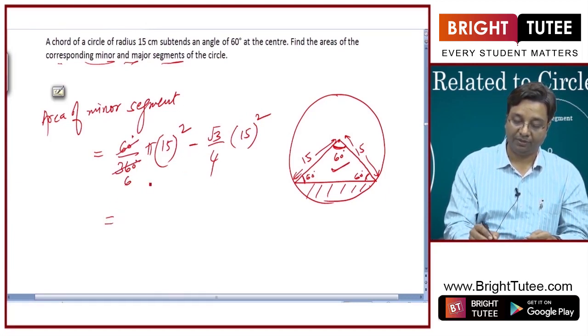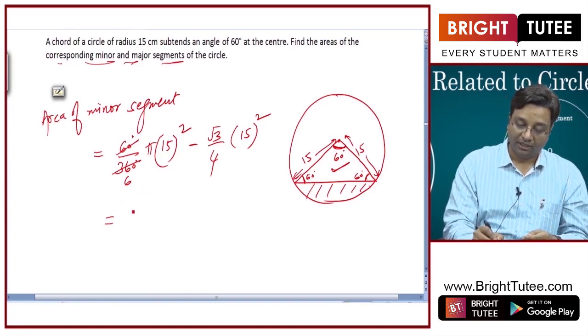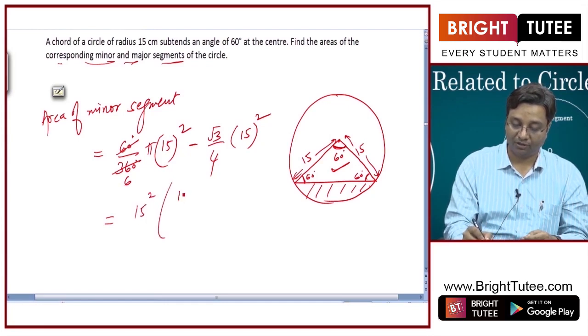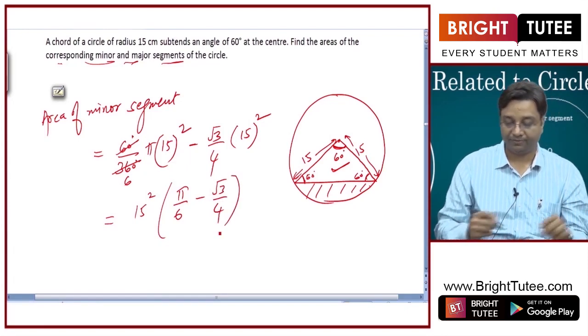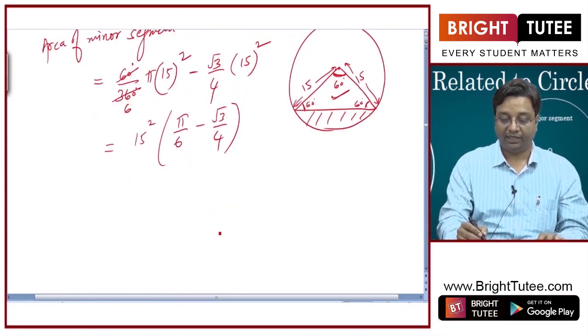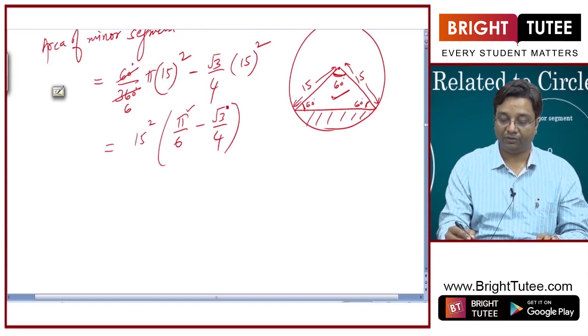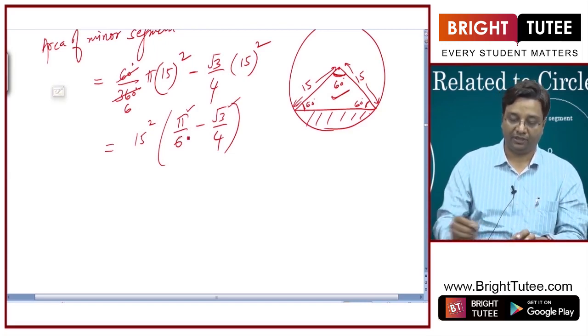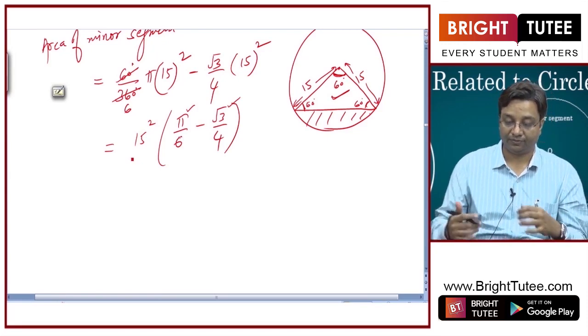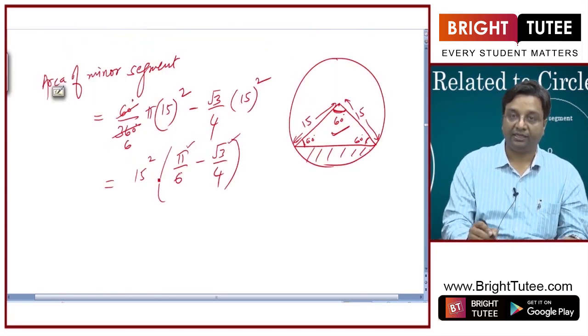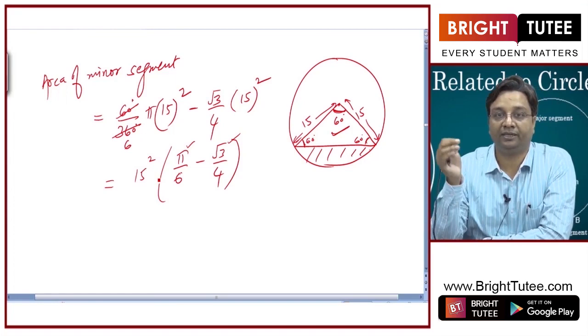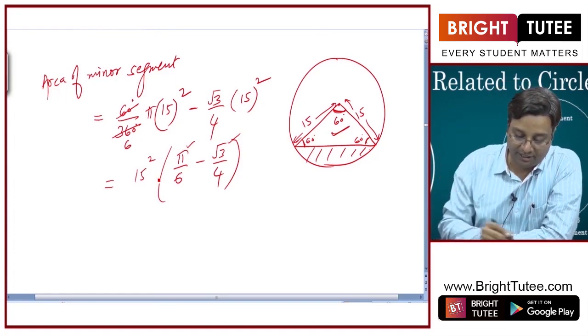So you can simplify it further yourself, or let me simplify it a little bit. 15 square I will take as common, pi by 6 minus √3/4, right? Now you can take this as 3.14, this as 1.732, and do it yourself. I'll leave it to you for your practice, for the calculation's sake.